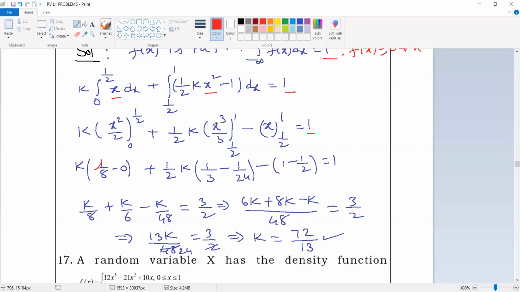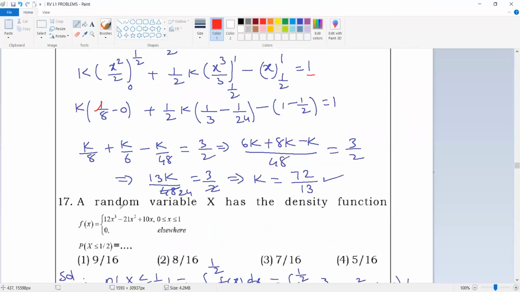Plus 1 by 2 k. Integration here, x cube by 3. Substitute upper limit minus lower limit. 1 by 3 minus 1 by 24. So here is 1 minus 1 by 2. So now k by 8, multiplying this one, k by 6 minus k by 48 is equal to 1 minus 1 by 2, which is half.